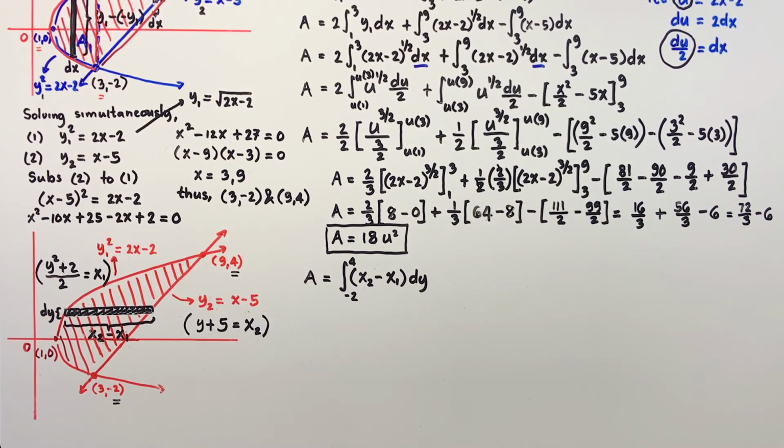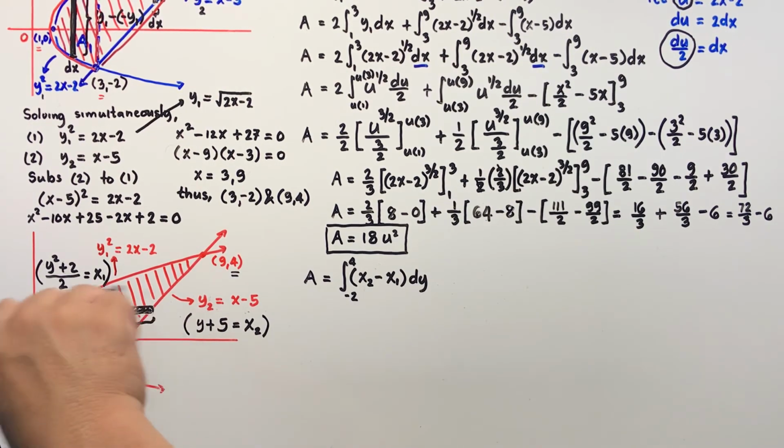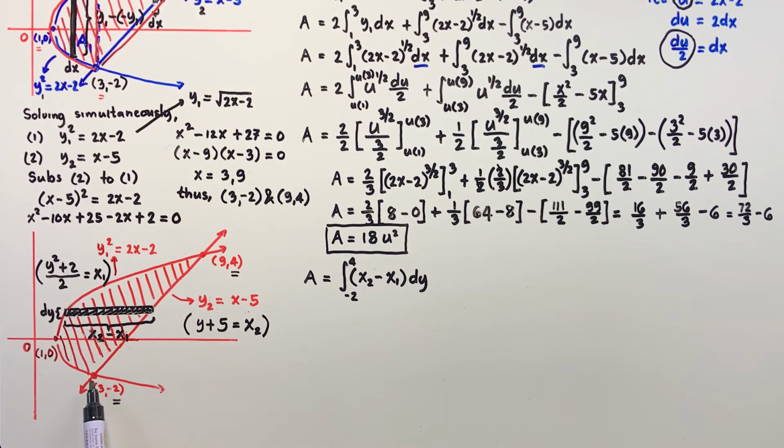And I'd like to remind you that you must be careful with the limits of integration, because at this time you are slicing horizontally. So therefore, you slice starting from the y of this point, which is -2, up to the y of this point, which is 4.